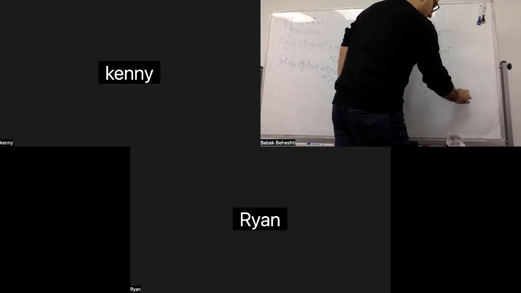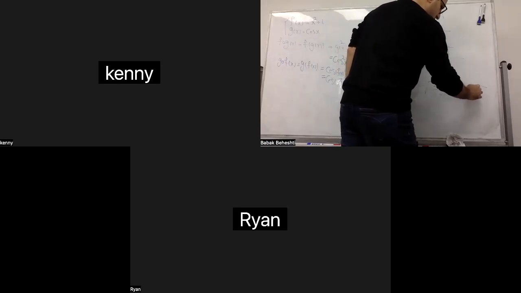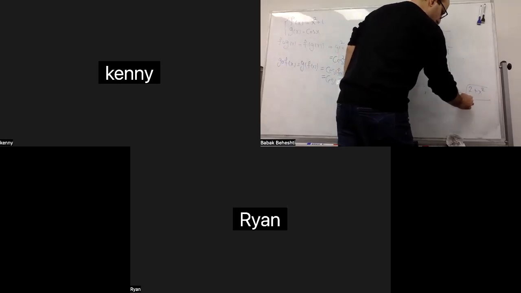If you simplify again, you get square root of 2 plus x squared over the square root of x squared, and the square root of x squared is the absolute value of x.